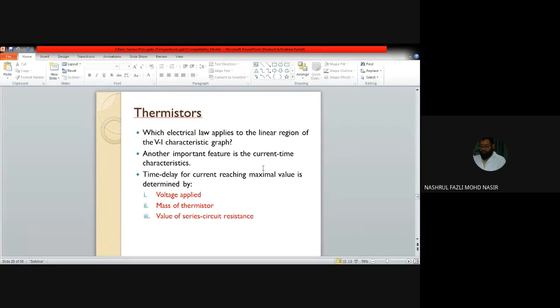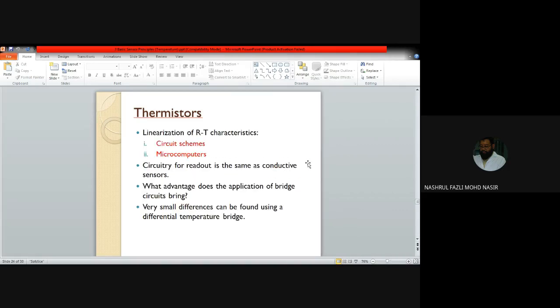So you can use Ohm's law, and maybe you can also observe the current time characteristic, but we just concentrate on the VI characteristic plots. Time delay for current reaching maximum value is determined by the voltage applied, the mass of the thermistor, and also the value of series circuit resistance.